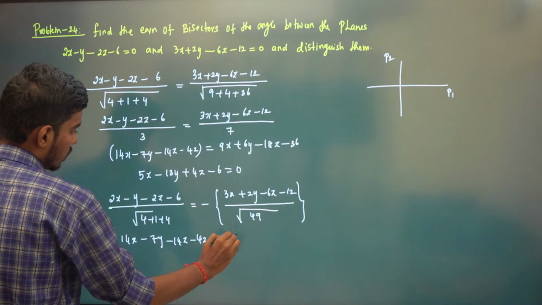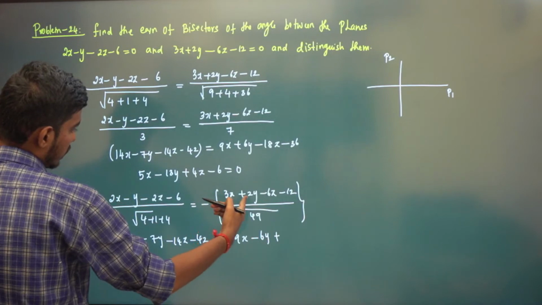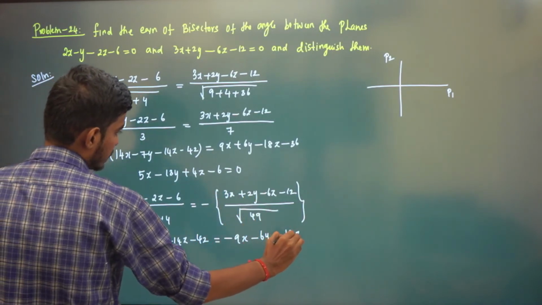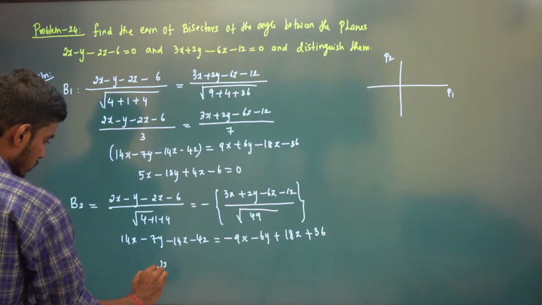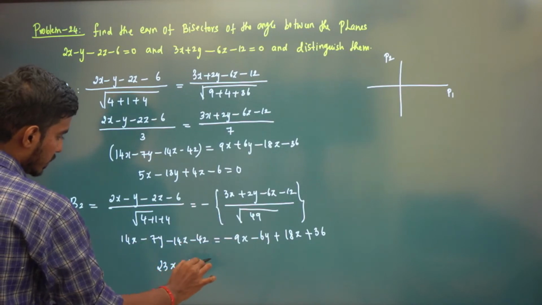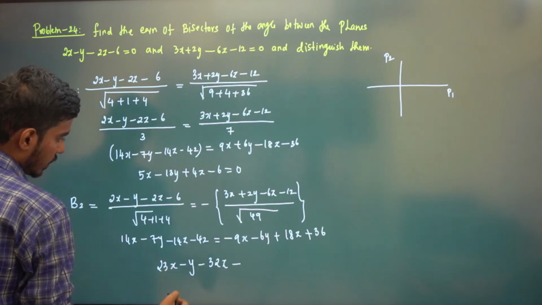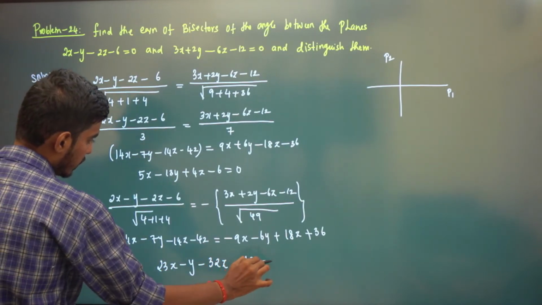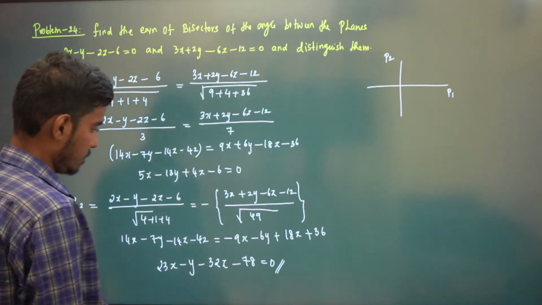So we will have minus 9x minus 6y plus 18z plus 36. So 14x plus 9x, this will be 23x, minus 7y plus 6y, so minus y, minus 14z plus 18z, so it will be plus 4z minus 42 plus 36, so minus 6. This is the equation of the second bisecting plane, right? 23x minus y plus 4z minus 78 is equal to 0.